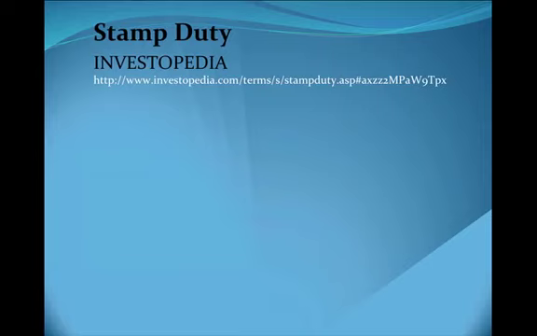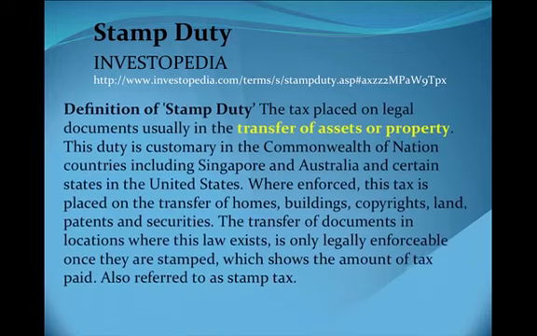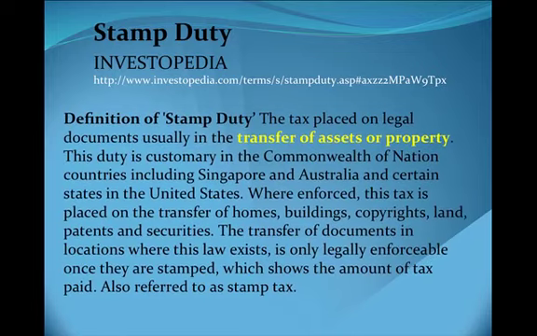Now, here's another source that we're using, Investopedia. There's the address line for it there. Just copy and paste that, or just do a Google on Investopedia and you'll find that. In this one, we got a definition of stamp duty. The tax placed on legal documents, usually in the transfer of assets or property.